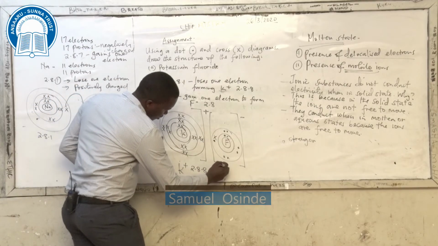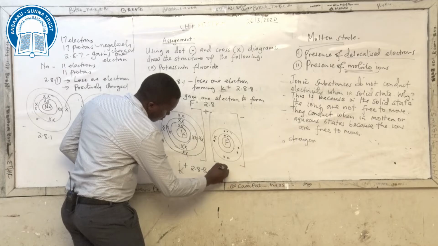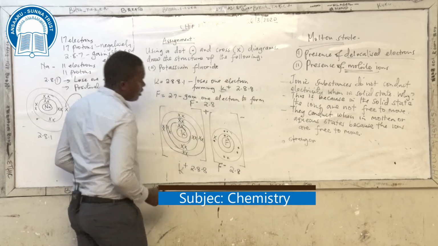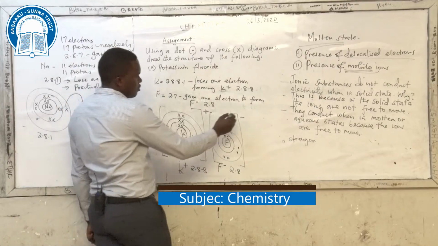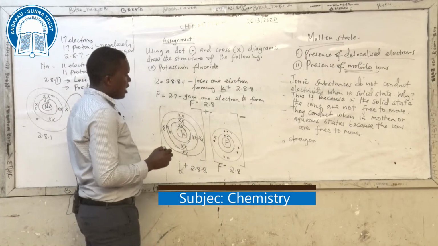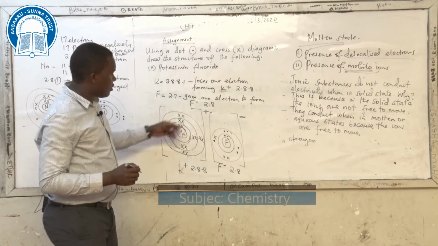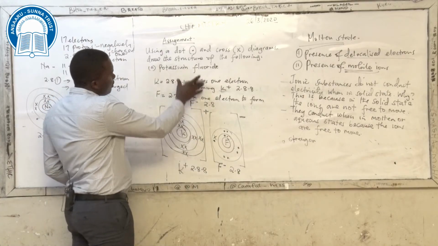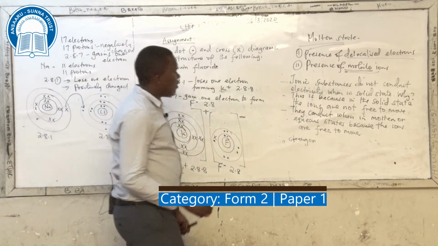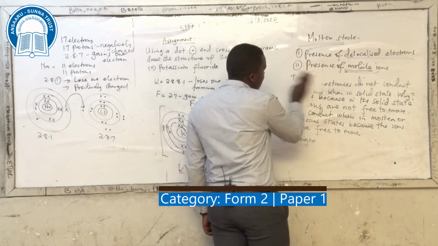So this one is fluoride ion with 2,8. There will be attraction between these two ions, because this one is negatively charged and this is positively charged, and that is where the ionic bond will originate. So this is the structure of potassium fluoride when they undergo ionic bonding.